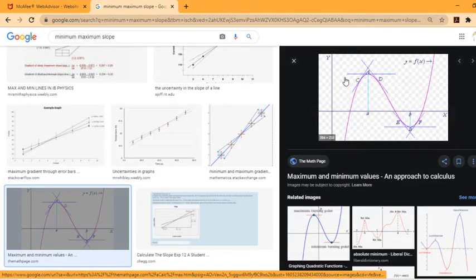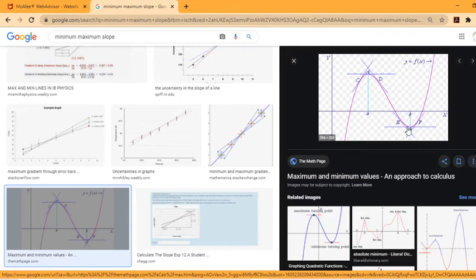In this figure, these lines are slopes. At the point C, the slope is positive. At the point D, the slope is negative, decreasing. But at the point A, the slope is parallel to the x-axis. Slope is nothing but dy by dx, or df of x by dx.